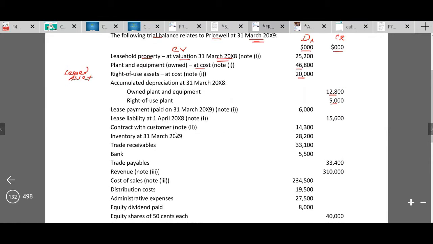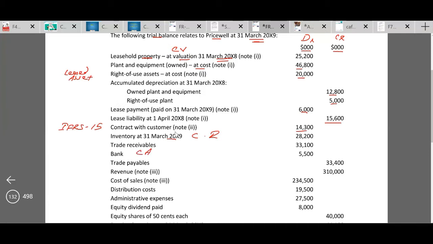Then you have the lease payment, 6,000. Then you have the lease obligations, the opening balance, 15,600. Then you have the contract with customers, which is IFRS 15. Inventory, which is the closing inventory. Trade receivables, closing, bank on the debit side, so this means it is current asset.